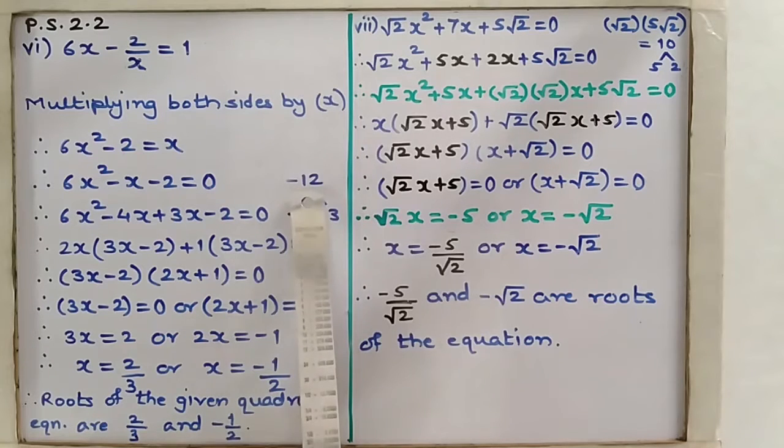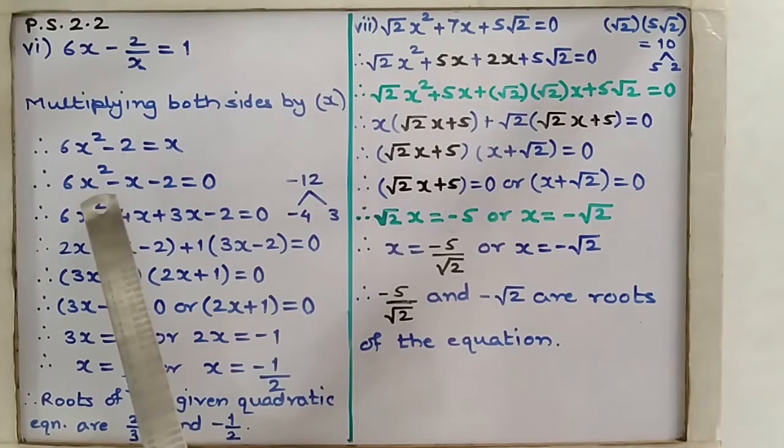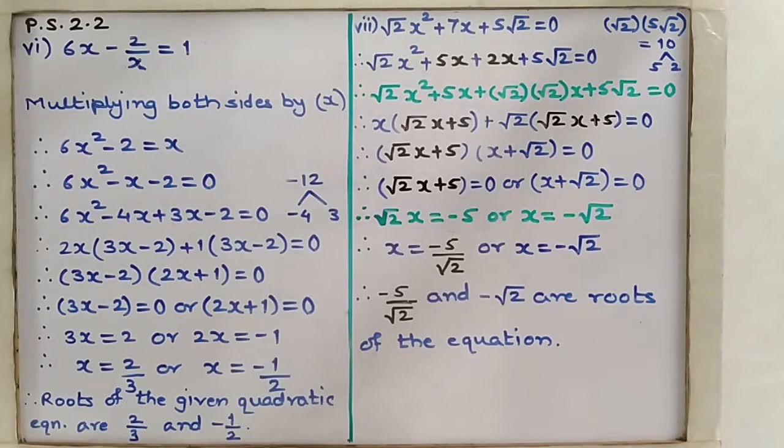As the product is negative, it means that one of the numbers is positive and the other number is negative. But the sum that we want is negative. Sum that we want is minus 1, which means it's negative. So obviously the bigger number will be negative and the smaller number will be positive.